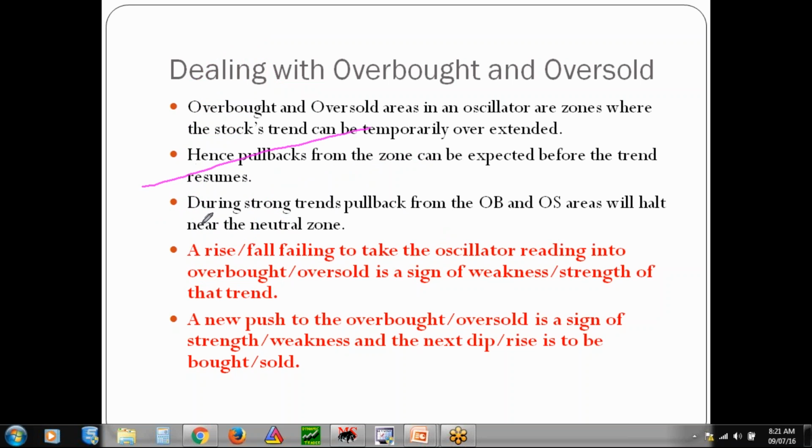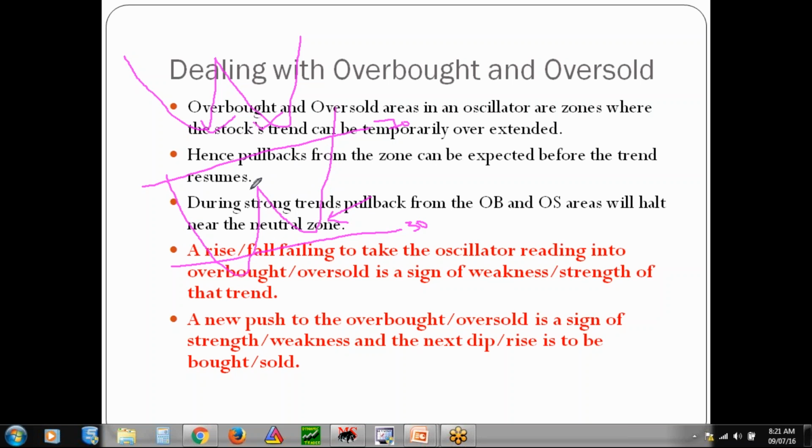Similarly, this is 70 and this is 30. The price falls into an oversold area, then falls again, and this time the fall in the price has failed to take the RSI into the oversold zone again.